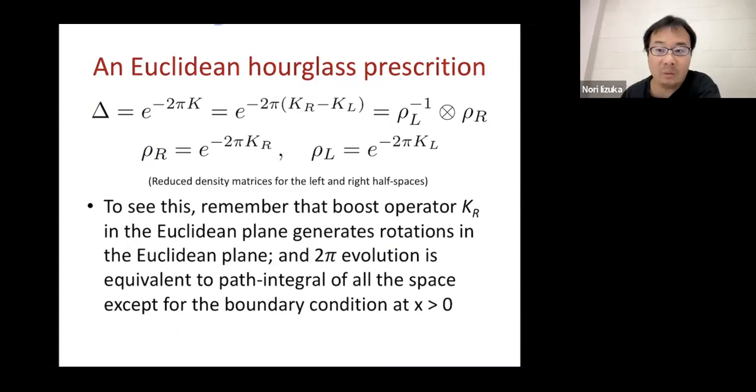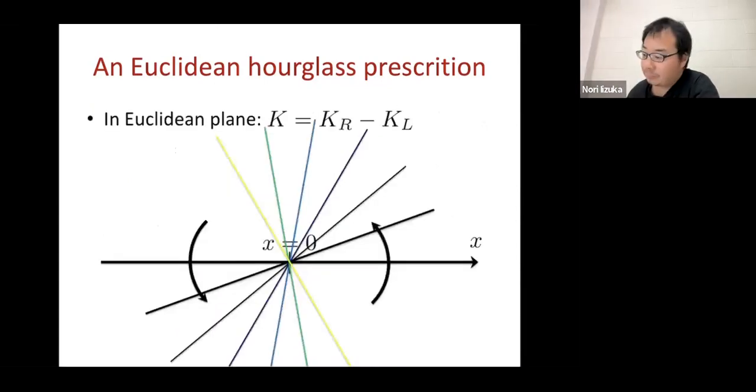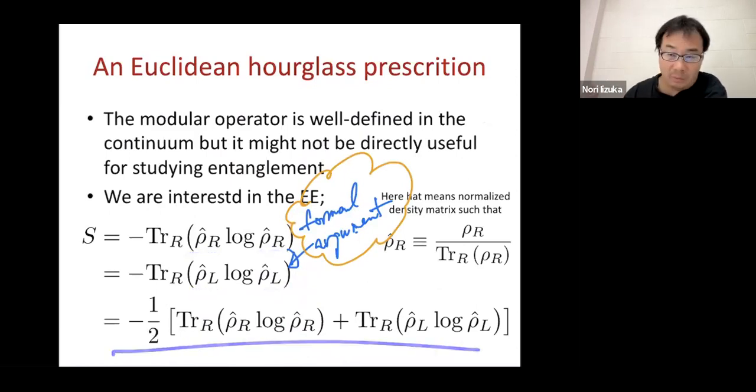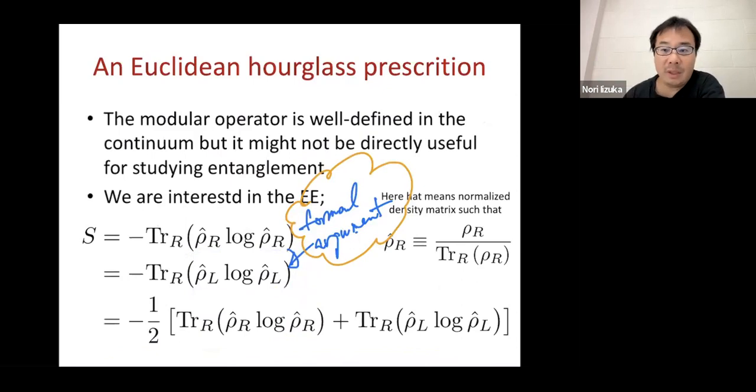Okay. So what do I mean by that? This is again formal argument, but entanglement entropy is mutual for the case of the pure state, where you handle right state and left state on equal footing, meaning that the entanglement entropy formally treats the right reduced density matrix or left reduced density matrix on equal footing due to the mutual nature.